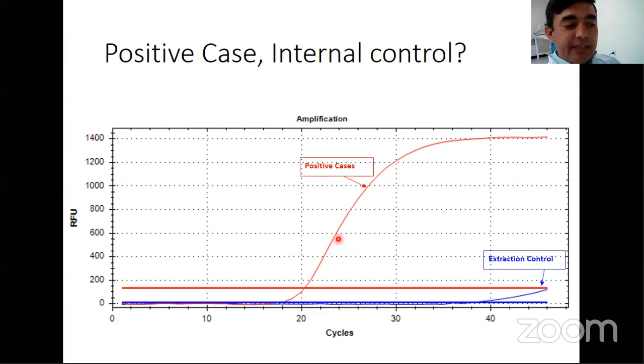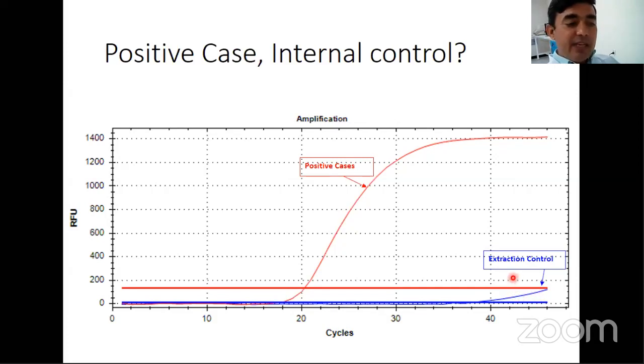If all the dNTPs are utilized by this COVID sequence amplification, no dNTPs are present which can be utilized for the amplification of this internal control. Though the primers and the probe for this extraction control or internal control are present, they are not utilized at all in this particular case.